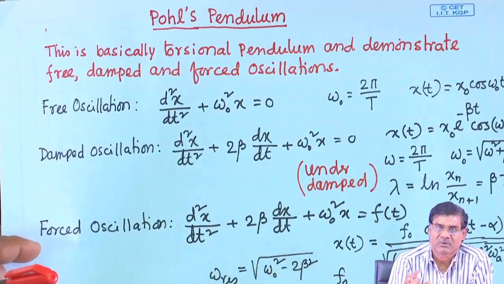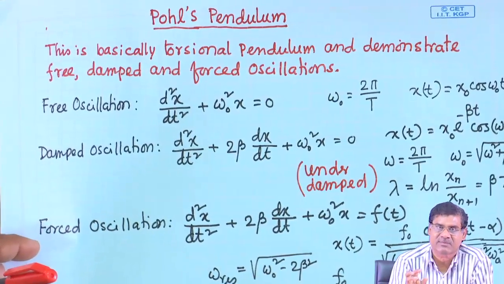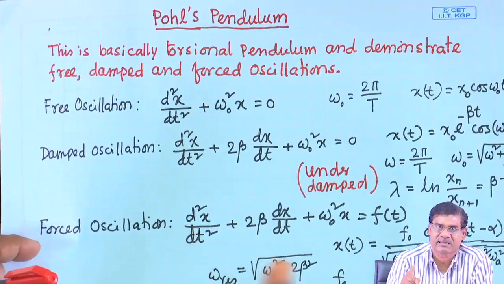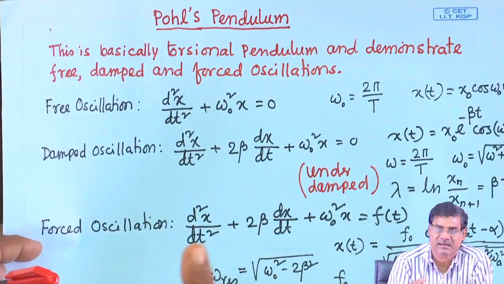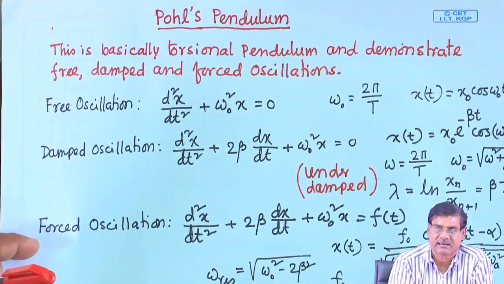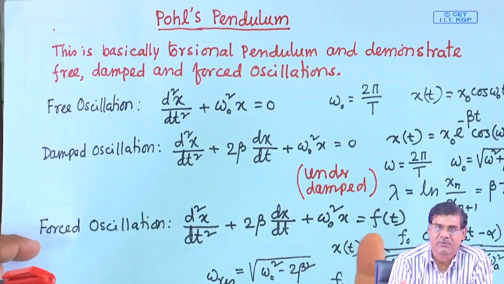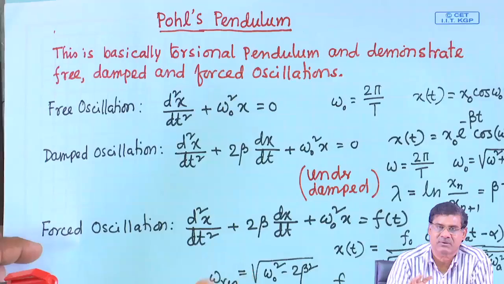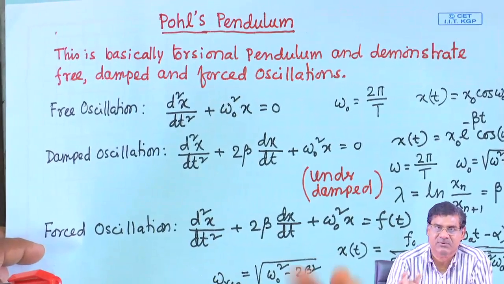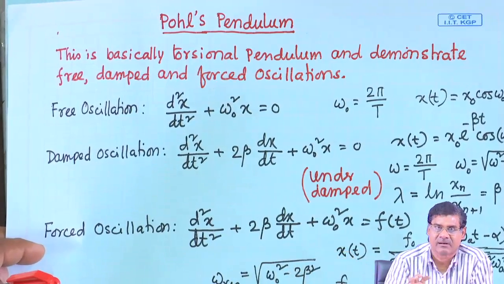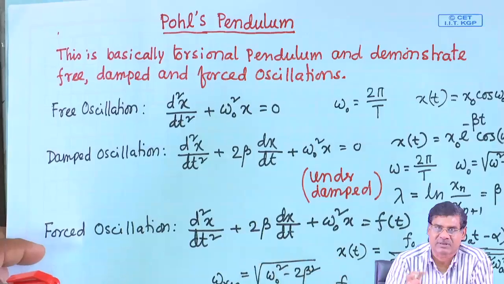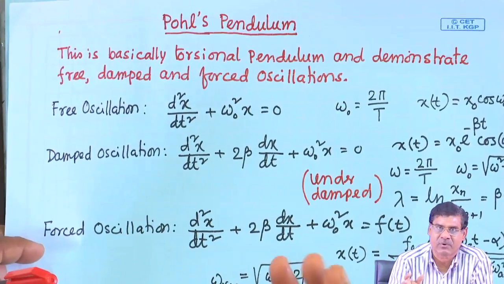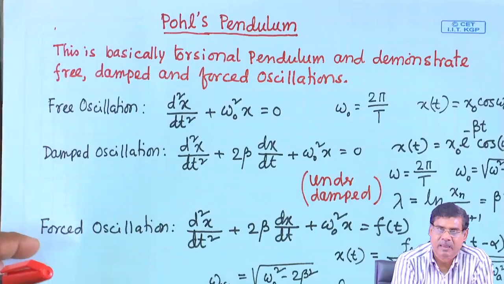This metal disc is connected with a spring. If you rotate this disc, the spring will apply a restoring force and try to take it back. So, this disc will oscillate due to the restoring force from the spring. Okay.